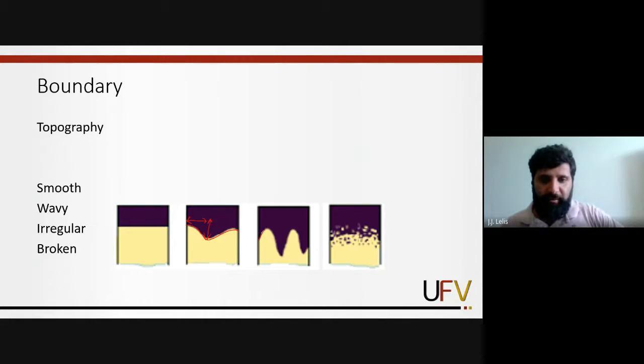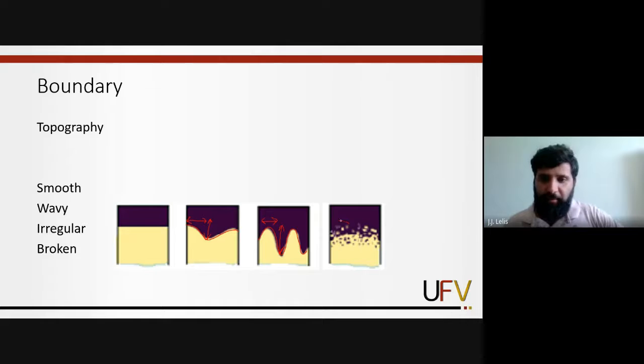And we can see some variations. That's this one, the irregular. In the irregular, we have a higher depth than the width, okay? So the width is below the depth in an irregular boundary.